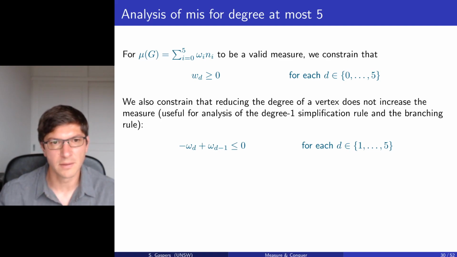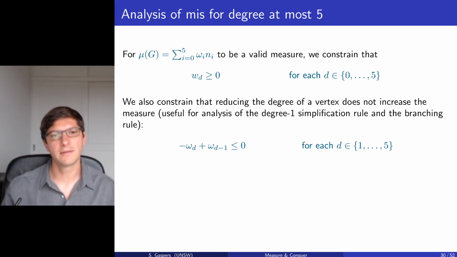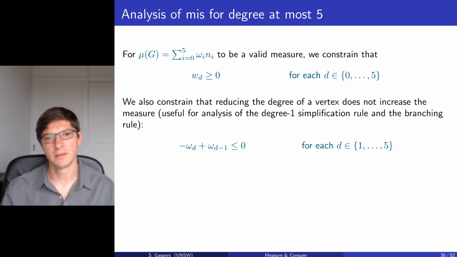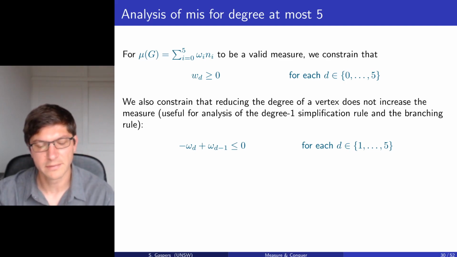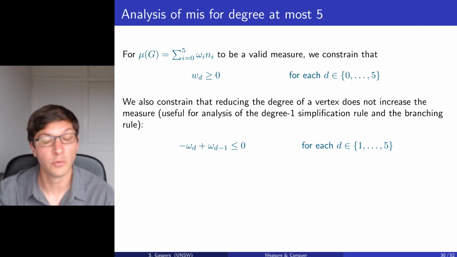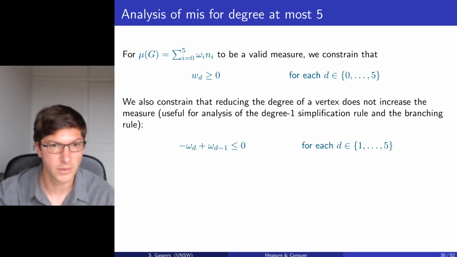If a vertex has degree d and gets degree d minus 1, then minus omega d plus omega d minus 1 should be no more than 0. And this should hold for every degree that's at least 1.